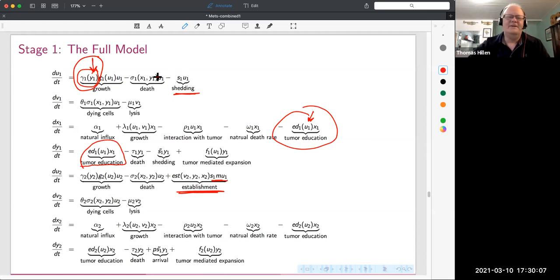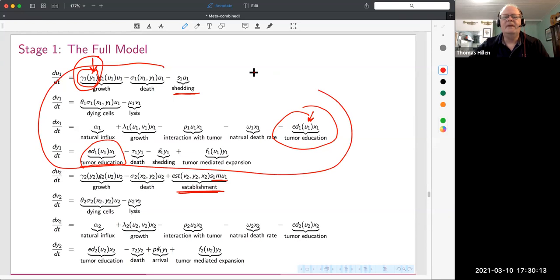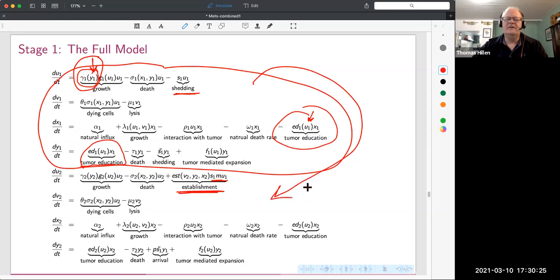Roughly, this here is all the primary tumor, these 4 equations. In this reduction, we assume the primary is well established, just sitting there, slowly growing, and so we use the primary as an input to the secondary. So that saves already 4 equations.